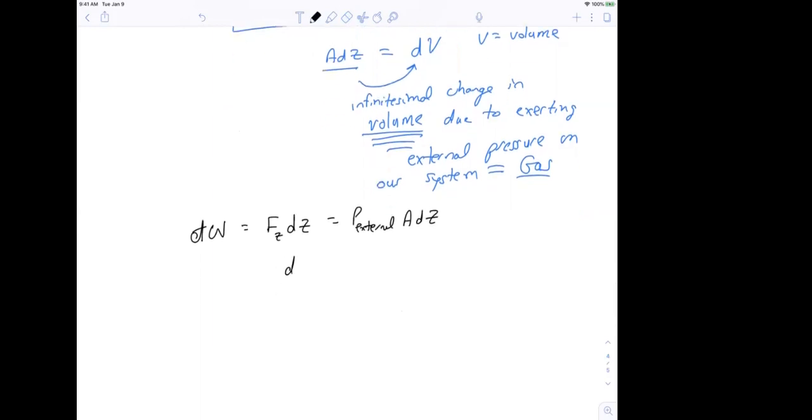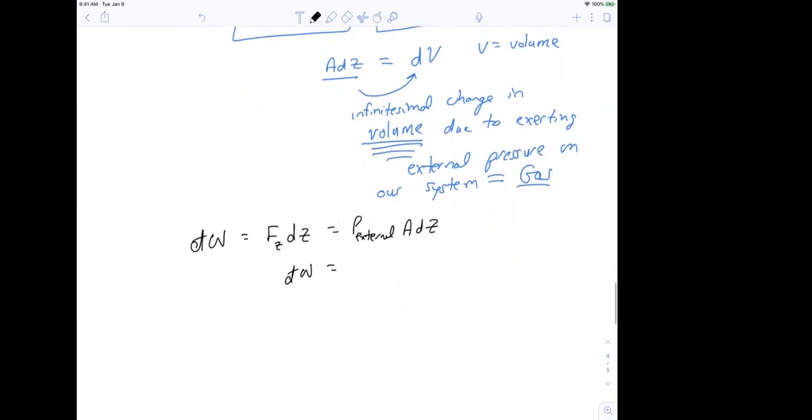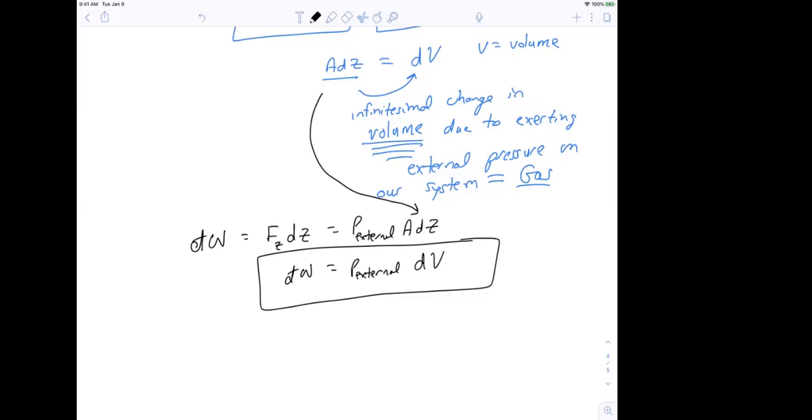Now just carry down the dW again, but the A dz is just dV. So this is just P external times dV. But this is great because now we've gotten an expression for the differential amount of work done when our system undergoes this process, in terms of these control variables or control knobs, pressure and volume, that are very specific to the system.